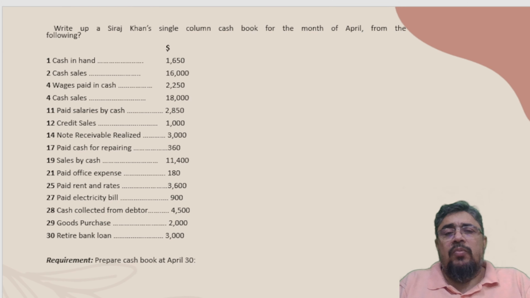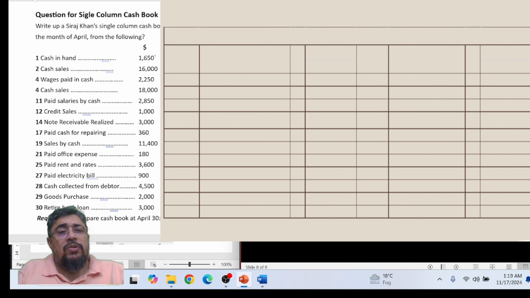Now we are solving a question of the single column cash book. Write up Siraj Khan's single column cash book for the month of April from the following.